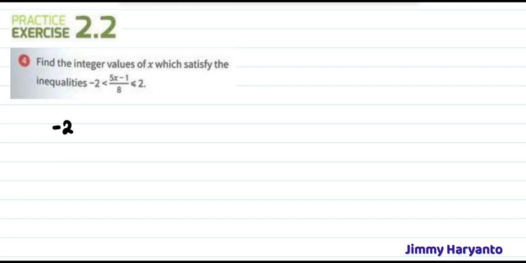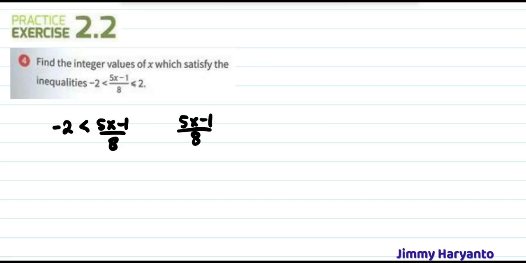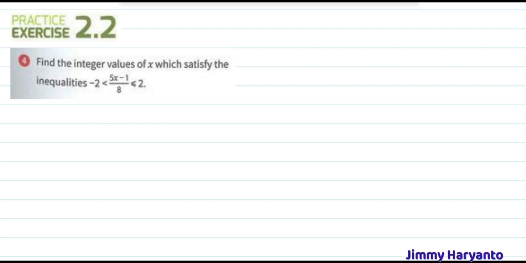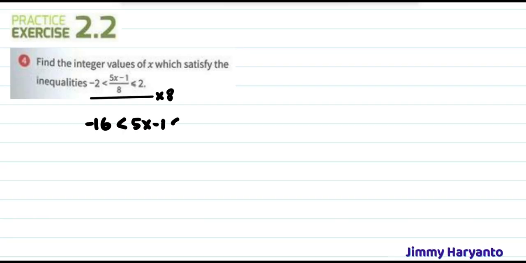For question 4, I will separate it like this: 5x minus 1 over 8. And then for this one is 5x minus 1 over 8. Oh, I want to teach you another way to solve this. First, I will multiply them all by 8. So you'll have negative 16 less than 5x minus 1 less than or equal to 16. And then I will add them all by 1 to get rid of this negative 1.